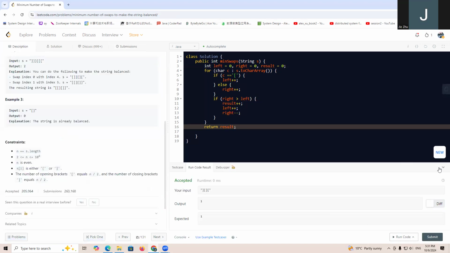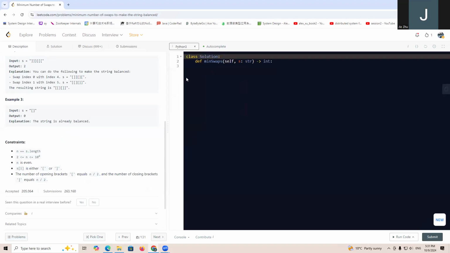The time complexity will be O(n). The Python code will be very similar. We have left, right, result equal to 0, 0, 0.